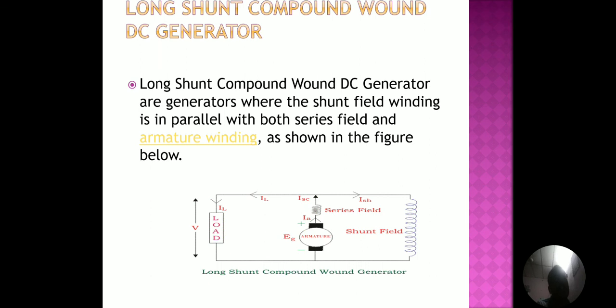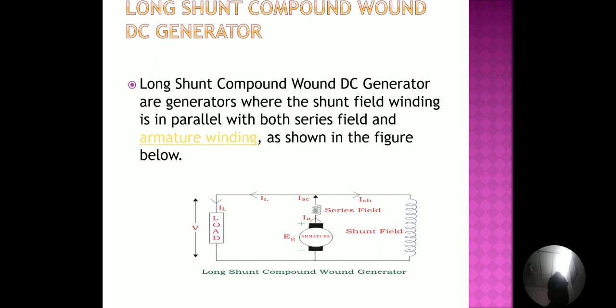Armature current IA is equal to series field current ISC, which is equal to IL plus ISH, and the voltage across the load is given as V is equal to EG minus IA RA minus ISC RSC, which is further equal to EG minus IA into RA plus RSC.